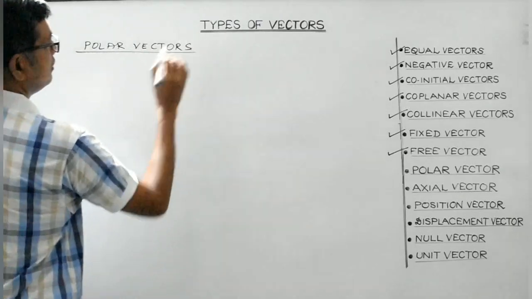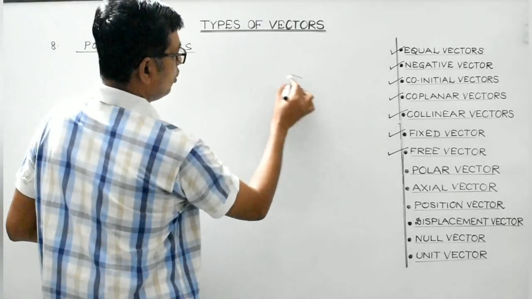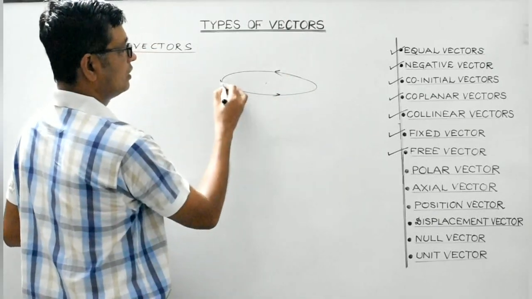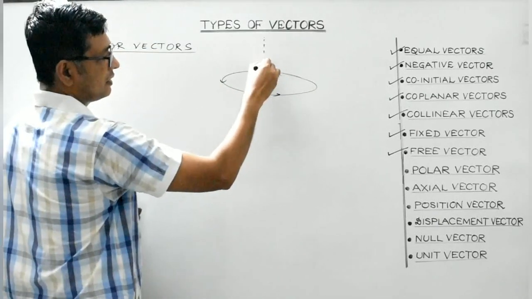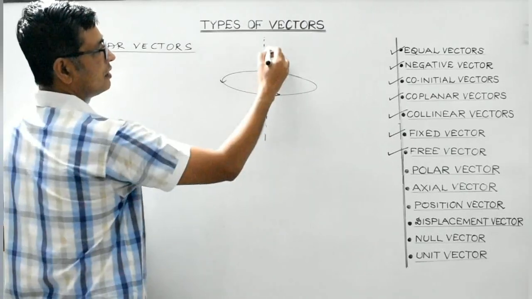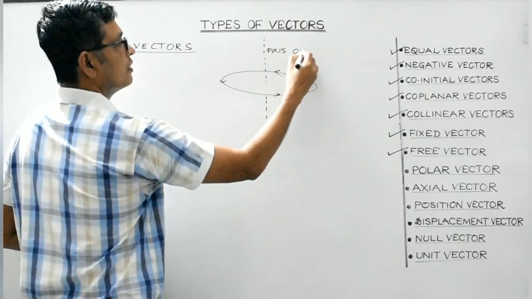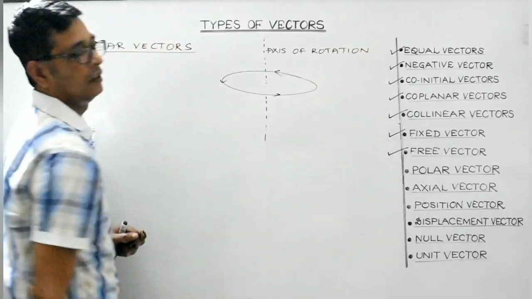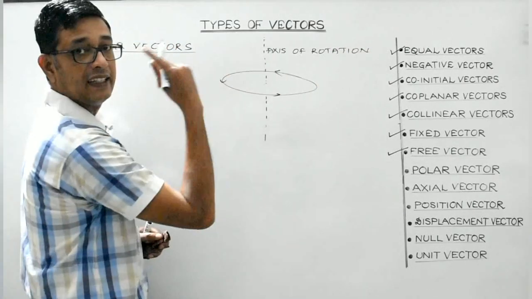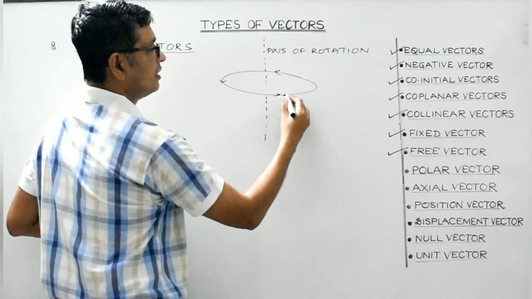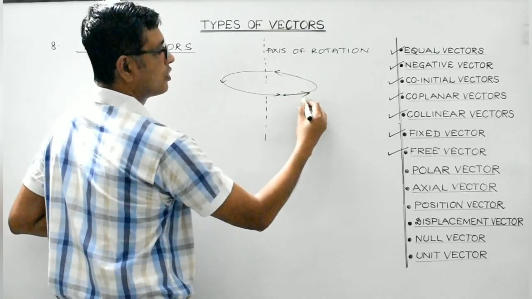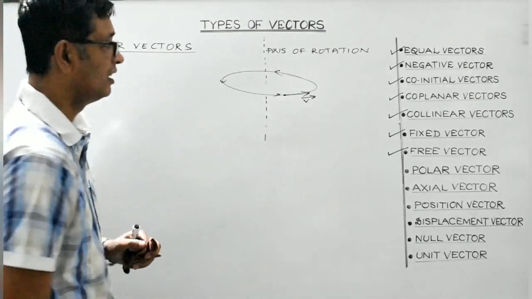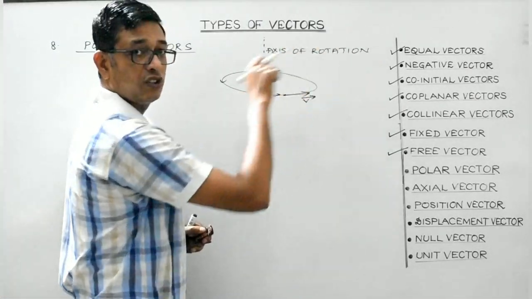Like a body is moving along a circular path, maybe along this direction, and this is the axis. This is the axis of rotation. Now suppose the body is moving in the anti-clockwise direction. At an instant, you are aware its directional motion would be given by drawing a tangent at that particular point, isn't it? The displacement vector would be again along this direction.